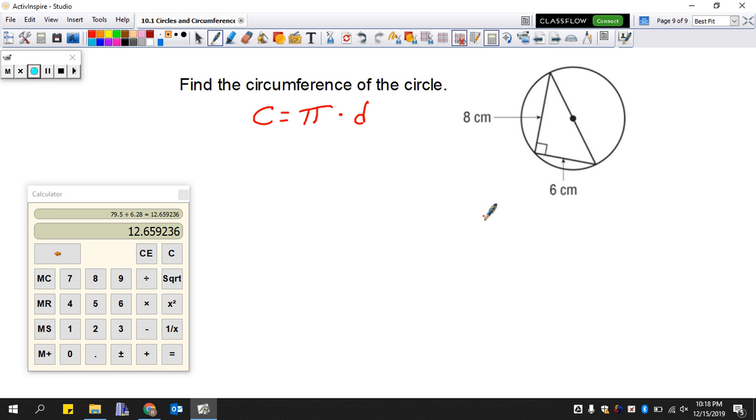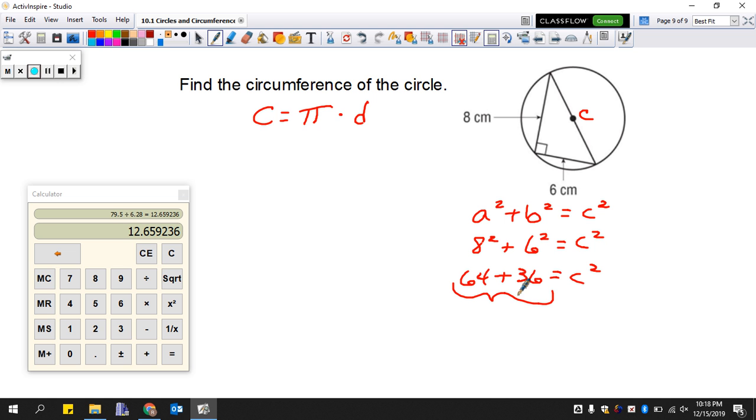So a squared plus b squared is equal to c squared, because this would be c over here. So 8 squared plus 6 squared is equal to c squared. That's 64 plus 36 is equal to c squared. 64 plus 36 is 100. Take the square root of both sides, and c is equal to 10.